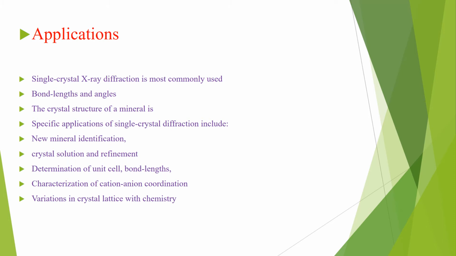Bond length and bond angles are directly related to the atomic positions. So, the crystal structure of a mineral is a characteristic property that is the basis for understanding many of the properties of each mineral.